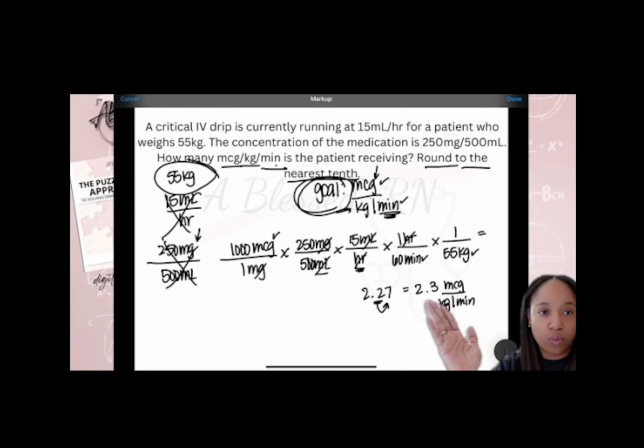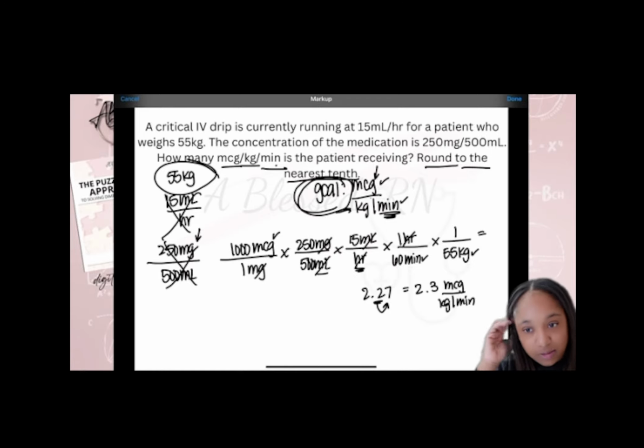Then we'll work our way through the rest of the problem, aligning up the puzzle pieces, flipping them if we even need to, and adding our conversions so that everything cancels out except for what the goal is asking us. So you multiply everything individually on the top and divide everything individually at the bottom. I like to save time and I like to make stuff easy.